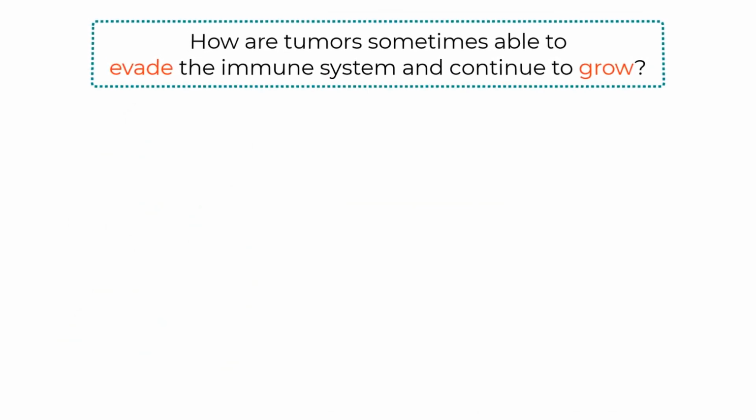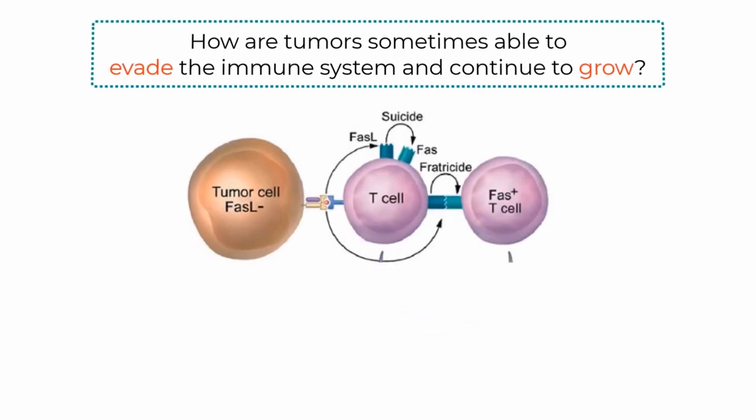Some cancer cells express the FAS ligand on the outside of their cell membranes. Thus, as T cells and natural killer cells approach the cancer cells, it is the cancer cells that bind the FAS receptors on the T cells or natural killer cells. The cancer cells can kill the immune system cells by the same means the immune system cells would have killed the cancer cells.